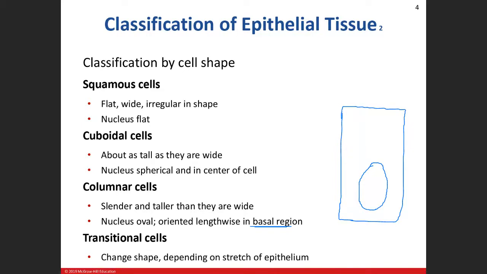I think it's aptly named transitional because I think of it as a transformer. So that's the second part of the nomenclature of how we name epithelial tissue. We first do it by how many layers, and then we do it by the shape of the cell.